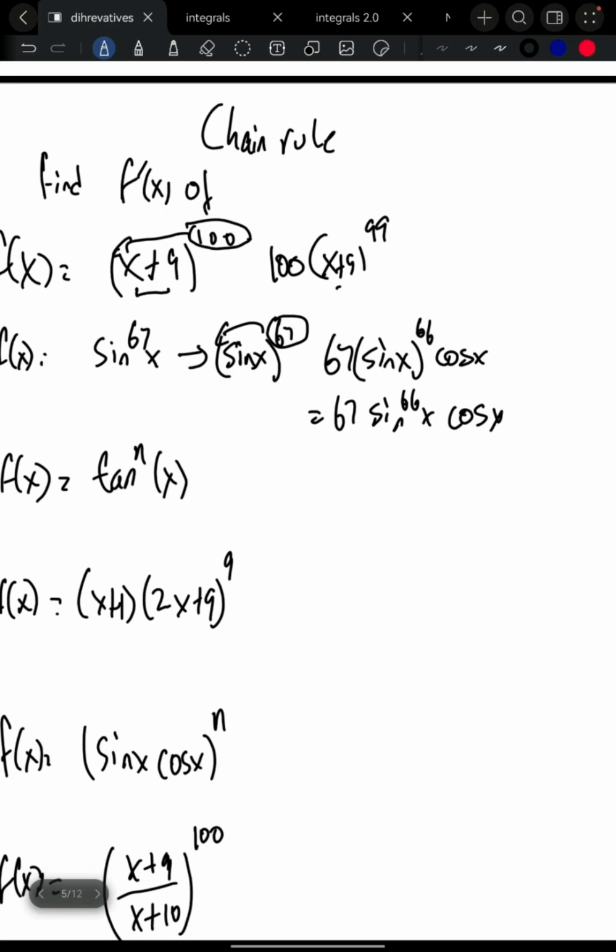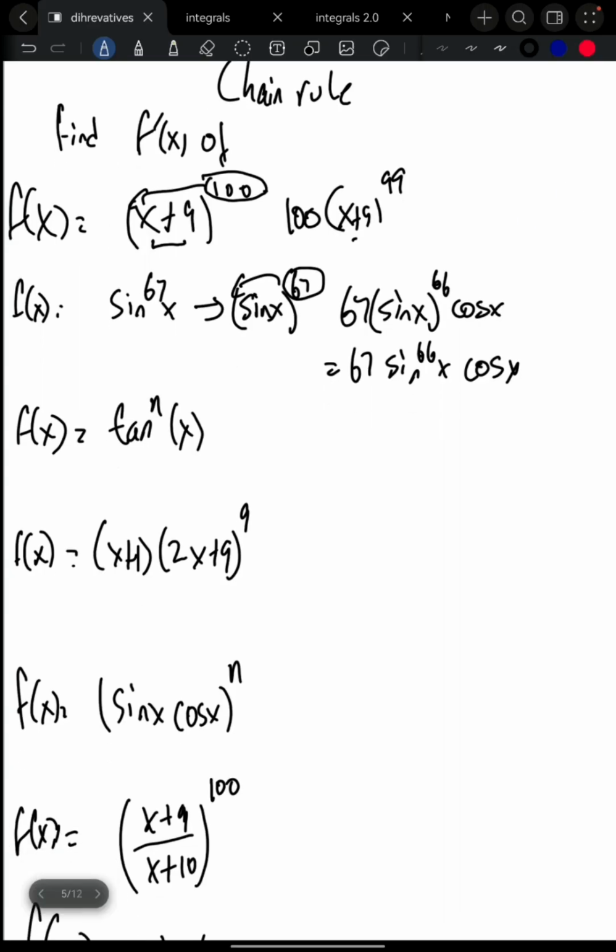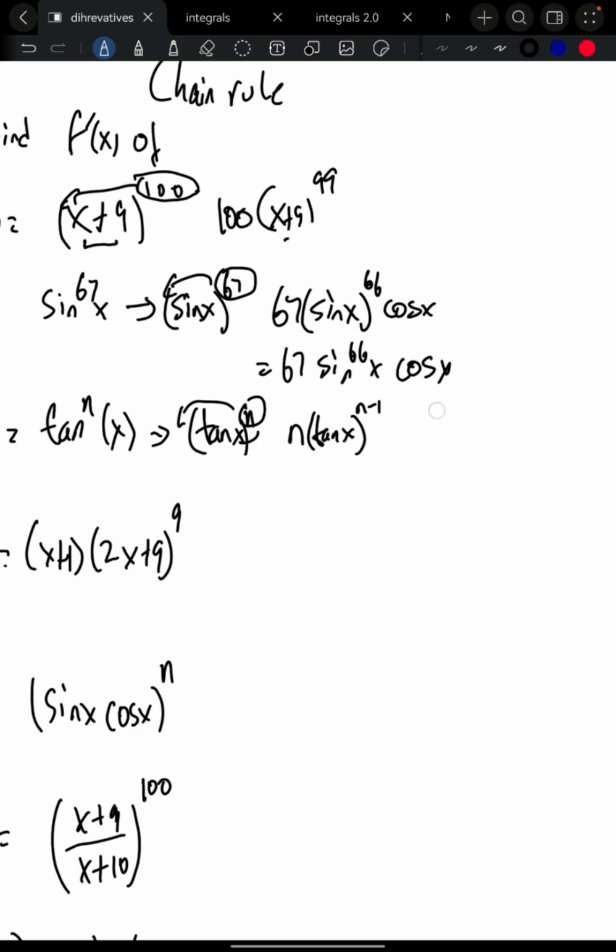Let's say you have tan to the power of n of x. If you use the limit definition on this, it might take you like 10 minutes. But you know what I'm saying, right? If you want, you can write this as tan x to the power of n, and use the power rule. So this is going to be down, and then multiply by this, and then you're going to raise tan x to the power of n minus 1 because you subtracted 1, right?